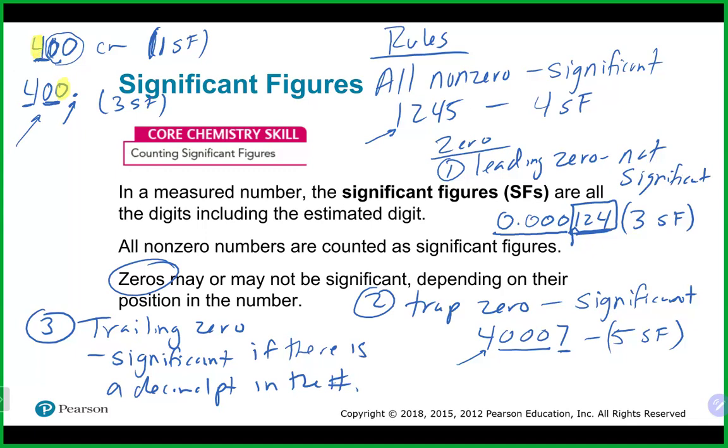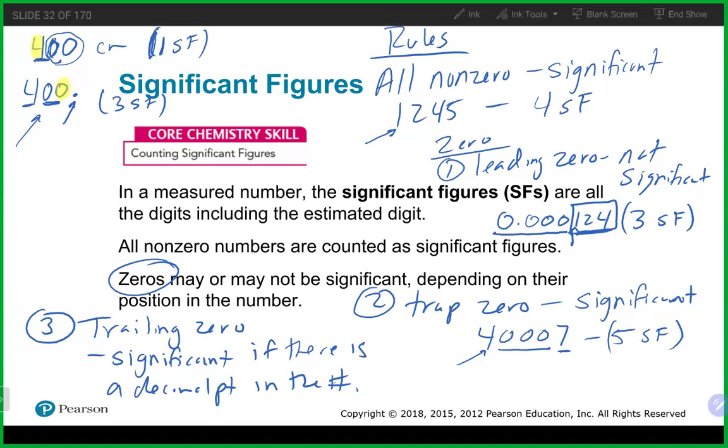That is not the last number written, right? But that is the last significant figure that is written. So the uncertain number is not always necessarily the last number that's written. Again, a lot of times it is, but it definitely should always be the last significant figure in your number.